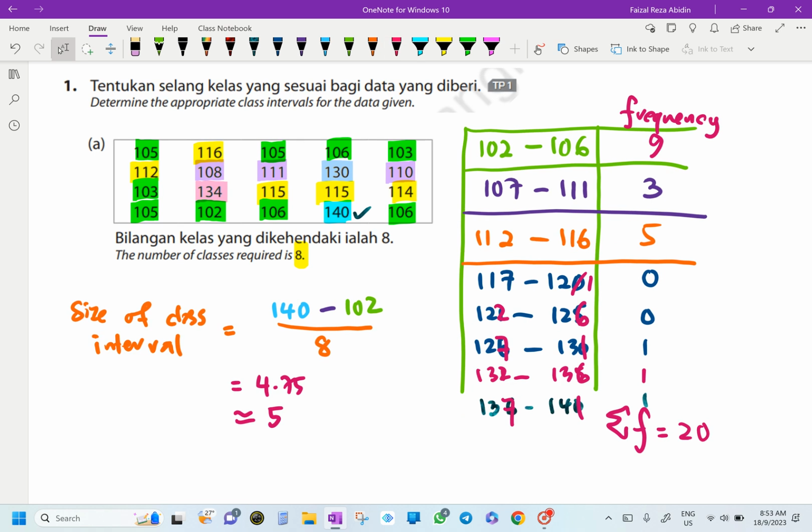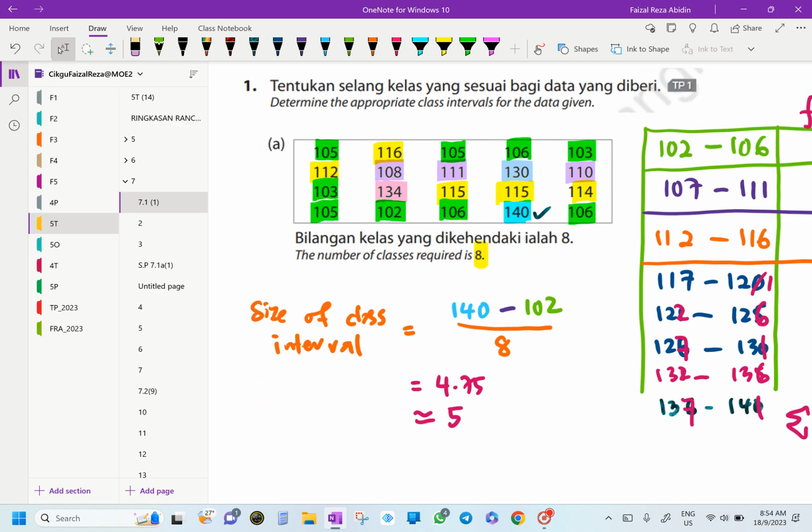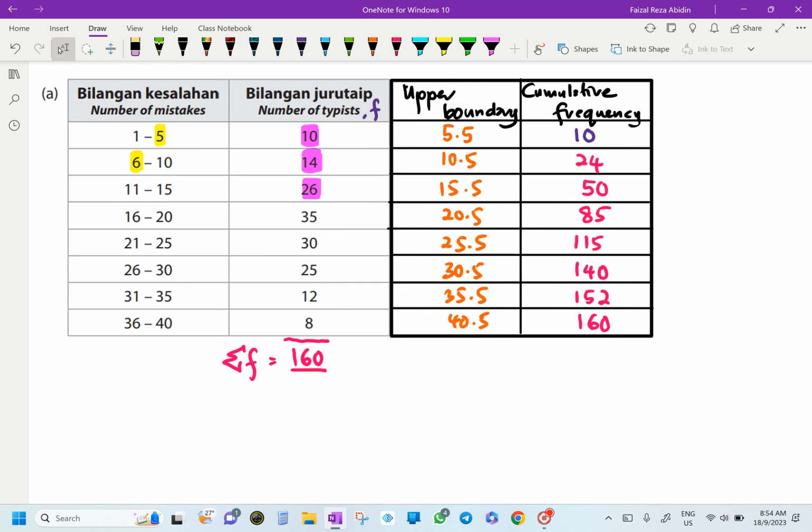You are the one who has to find the class interval and the size of the class interval, then find the frequency, and from that you get your upper boundary and cumulative frequency. If the frequency table is already given like this, you only need to find your upper boundary and cumulative frequency.